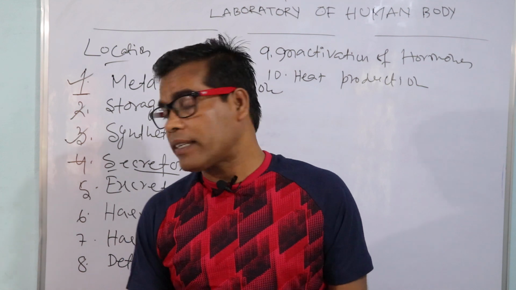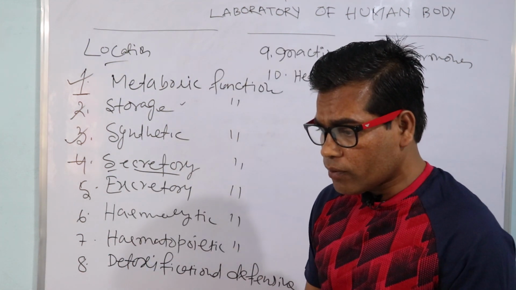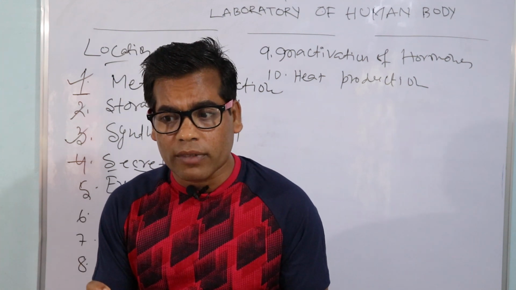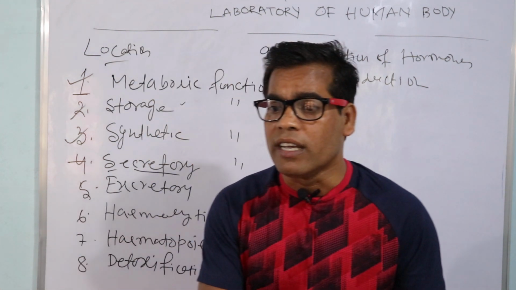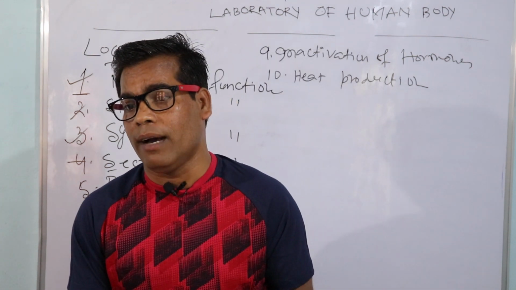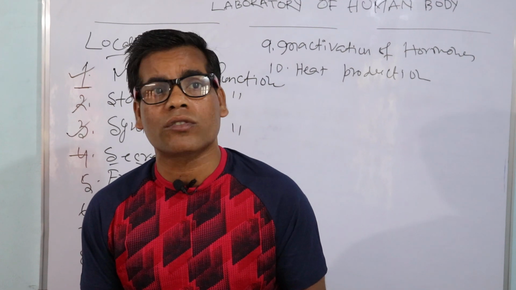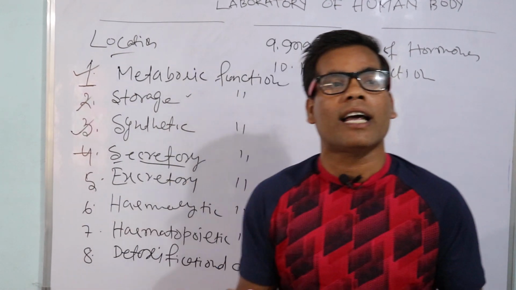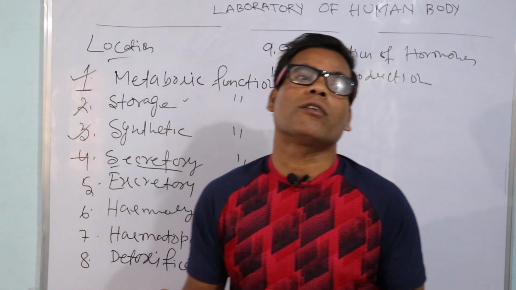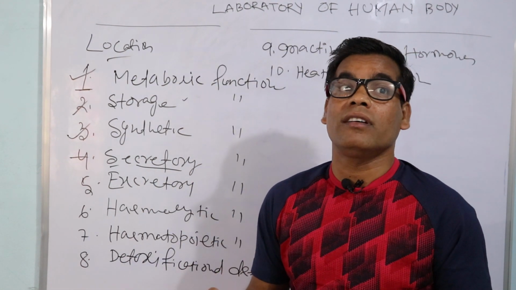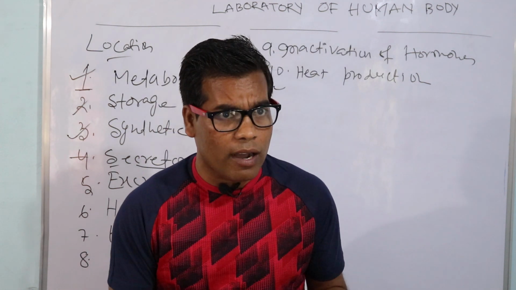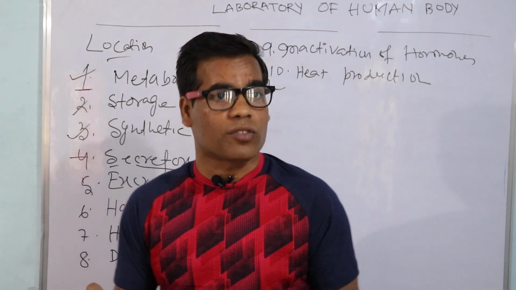The bile salts are responsible for the emulsification of fats, meaning big fat molecules are converted into small molecules, and they also help absorption from the gastrointestinal epithelium. Examples of bile salts are sodium taurocholate, potassium taurocholate, sodium glycocholate, potassium glycocholate, and sodium glycodeoxycholate.